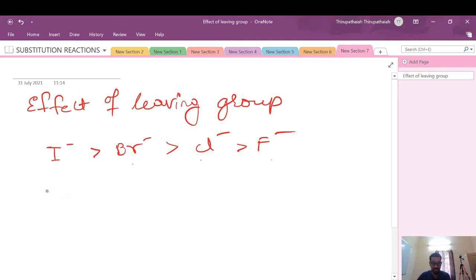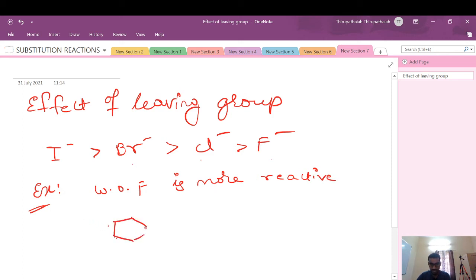For example, in exams you will be asked which of the following is more reactive. Options will be like this: CH2I and the same compound CH2Cl.